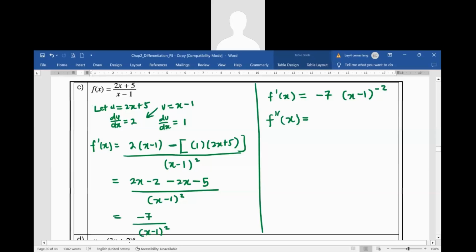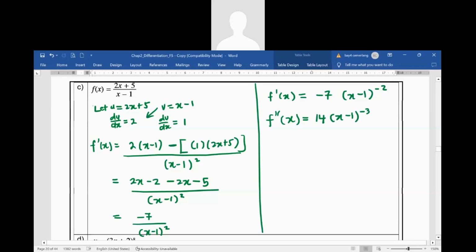So negative 2, you can multiply this one. This one, take note, you need to do differentiate outside and differentiate inside method, because your x minus 1 is raised to a power that we cannot expand easily. So negative 7 multiplied by negative 2 is 14. x minus 1, negative 2 minus 1 is negative 3, the power.